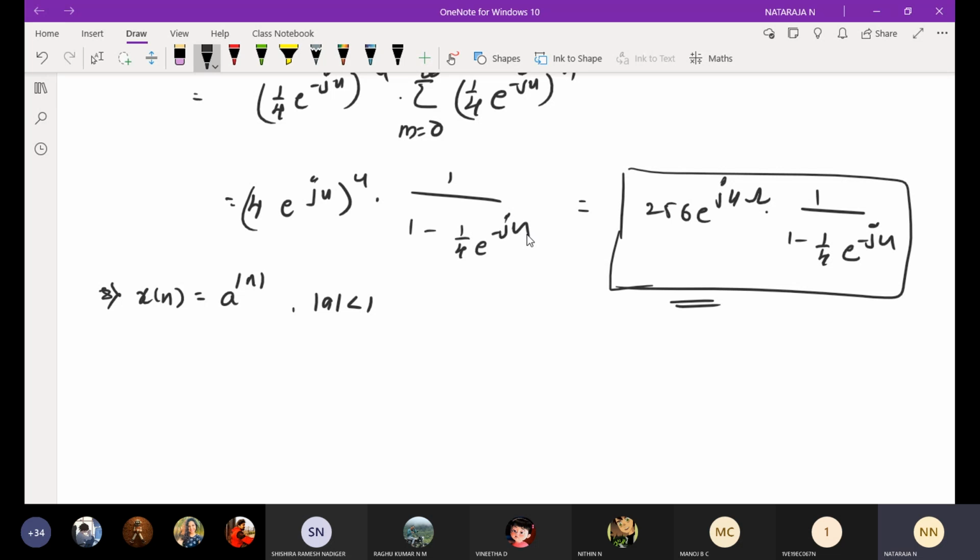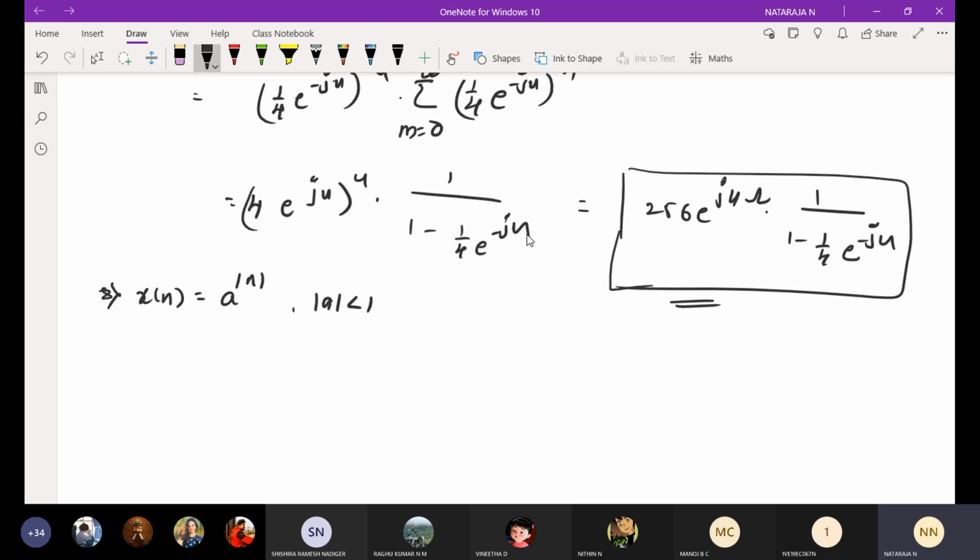Then in the first term you will get the limits from minus infinity to minus 1. You just replace n by minus n, so the limits will be from infinity to 1. If it is n is equal to 1 to infinity, you make that into 0 to infinity. You take n minus 1 is equal to m, or n is equal to m plus 1. Then both are 0 to infinity.